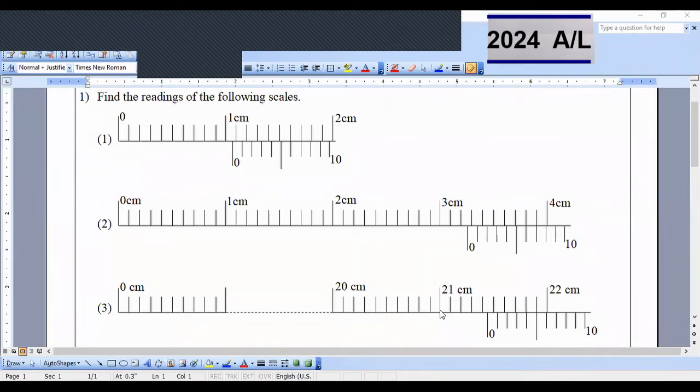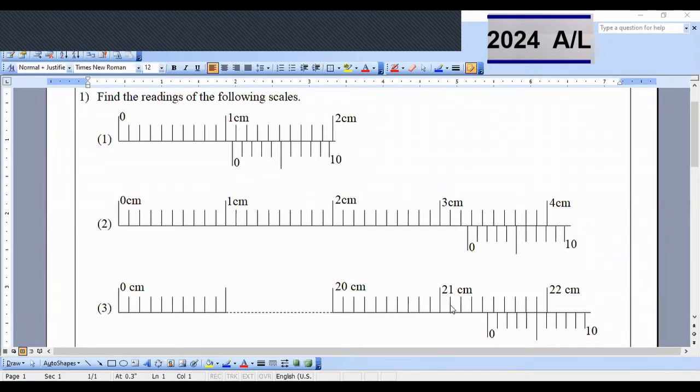Somebody unmute the mic and tell me, 21 centimeter means how many millimeters? 210 millimeters. Now what is this length? Look at my mouse pointer. This is 210 millimeter, plus 1 millimeter, 211 millimeter.